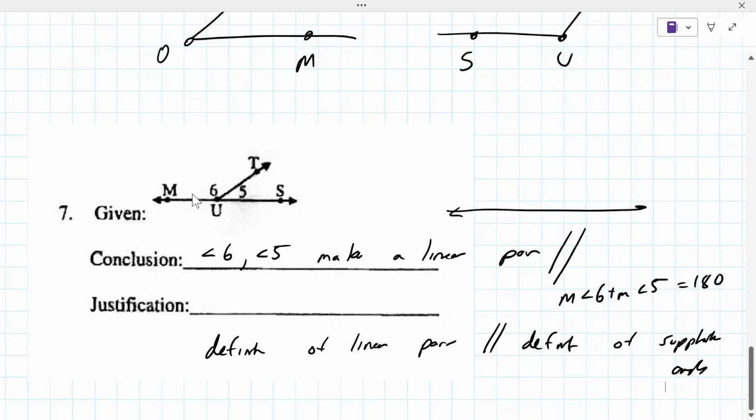You could also make an argument that they don't want you to use the numbers, they want you to use the letters. You could say the measure of angle MUT and the measure of angle PUS. Instead of 5 and 6, you can refer to the angles by letters.